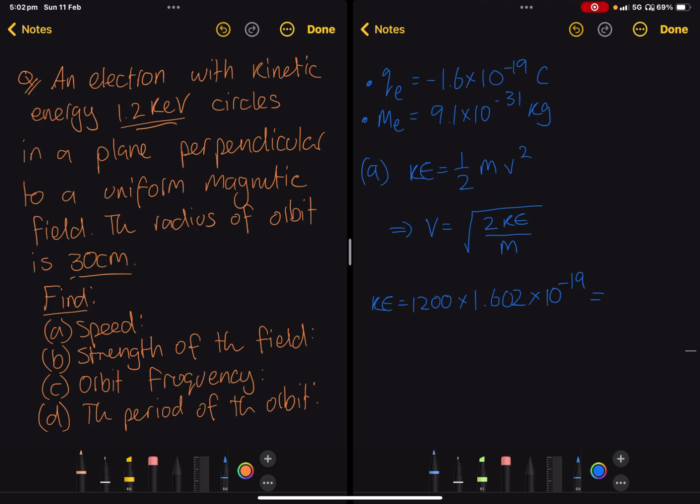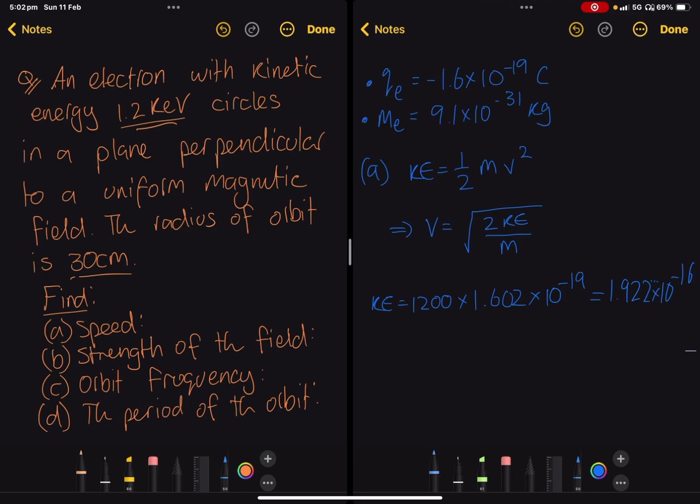So this will give us 1200 times 1.602 times 10 to the minus 19, and we get 1.922 times 10 to the minus 16.